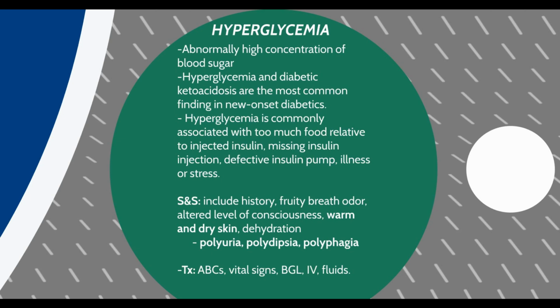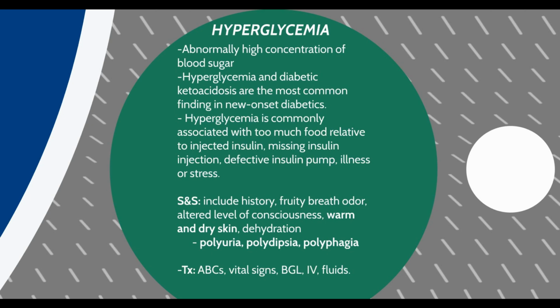Hyperglycemia is commonly associated with too much food relative to injected insulin or in relation to body activity. Missing insulin injections is also related to hyperglycemia, as well as defective insulin pumps. Also, illnesses or stress can cause hyperglycemia as well.